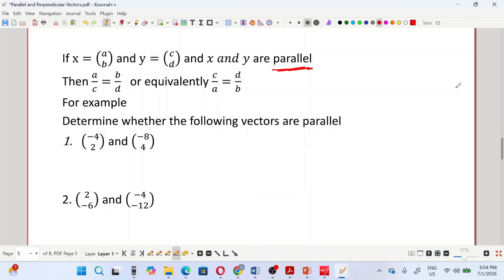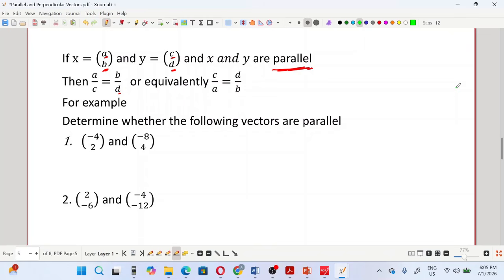Then, if and only if they are parallel, if I divide a by c, it should be equal to dividing b by d. Or vice versa, if I do it the other way around and divide c by a.